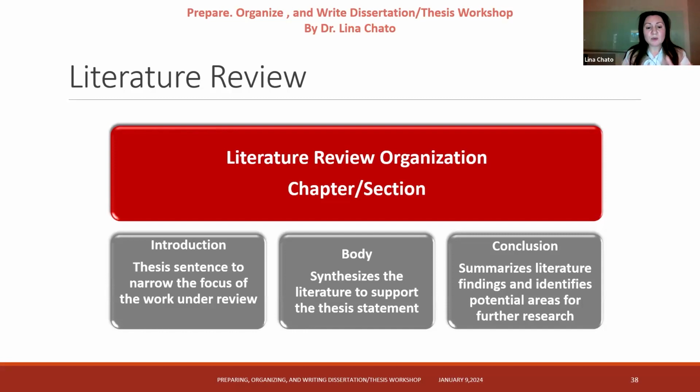In the body, you need to synthesize the literature to support the thesis statement. In the conclusion part, you summarize the literature findings and also identify the gap, okay, or your questions. And then you can connect these to your hypotheses, okay? What are your hypotheses and what are your suggestions to solve this gap?